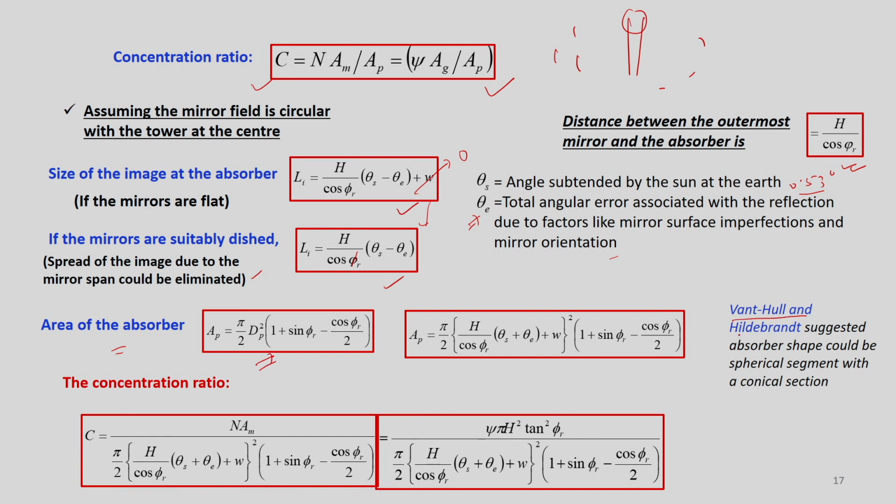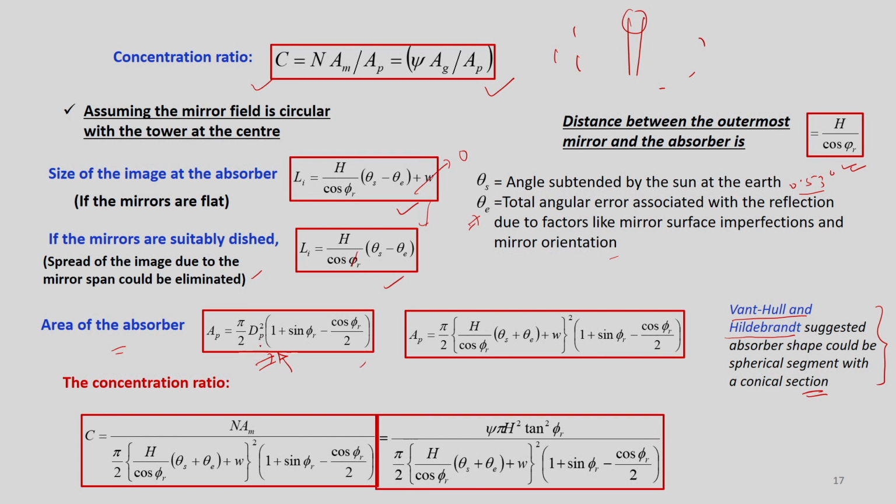These two researchers suggested the observer shape could be a spherical segment with a conical section. Based on their suggestion, they calculated the observer area as Ap equal to pi by 2 dp square times (1 plus sin of phi r minus cos of phi r) divided by 2.